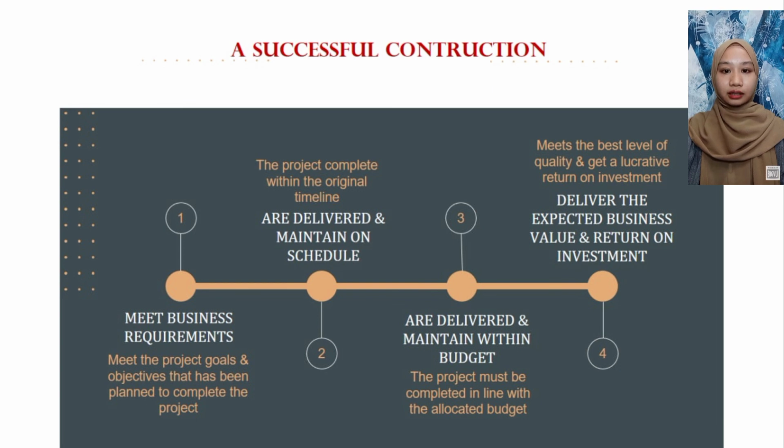The project undertaken must be completed in line with the allocated budget, which means monitoring the milestones achieved and making sure it stays on schedule. 4. Deliver the expected business value and return on investment. The project carried out must meet the best level of quality plans and standards in every aspect, and also get a lucrative return on investment.